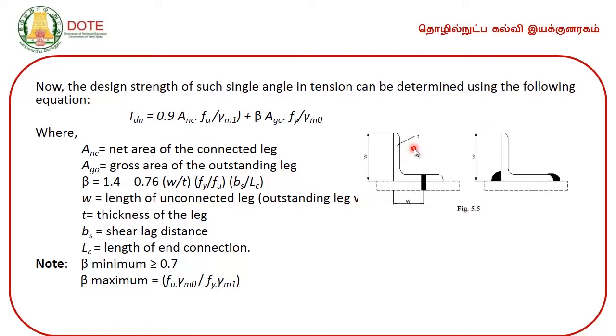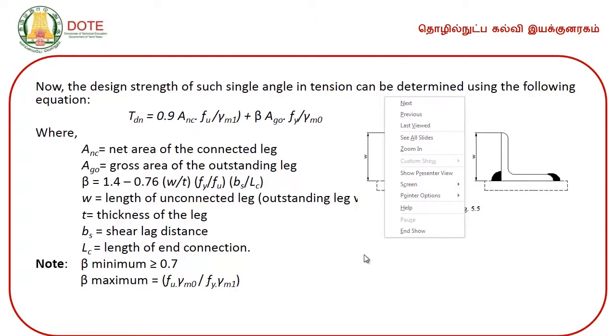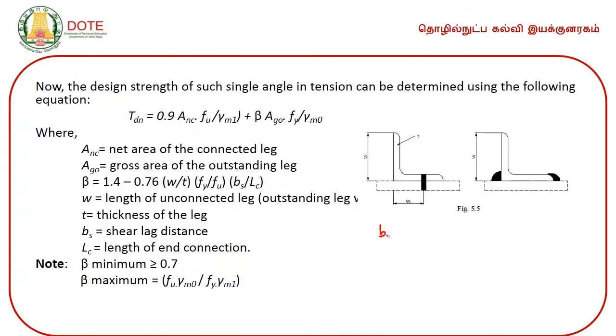So, for this type of single angle connection, the shear lag distance is calculated from the center of this bolt to this edge. Therefore, Bs is equal to w plus w1, whereas here Bs is equal to w.